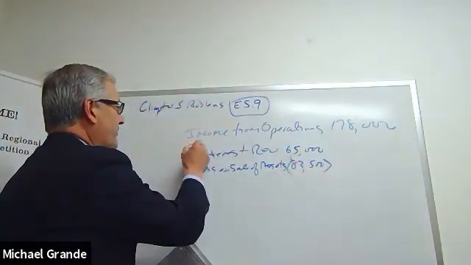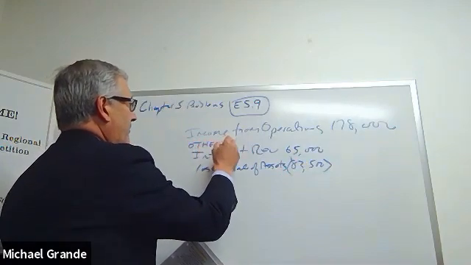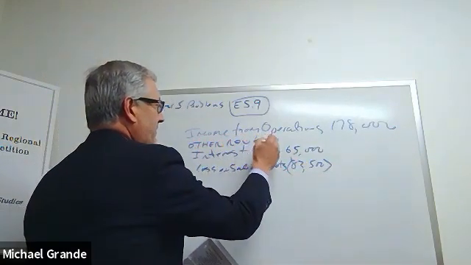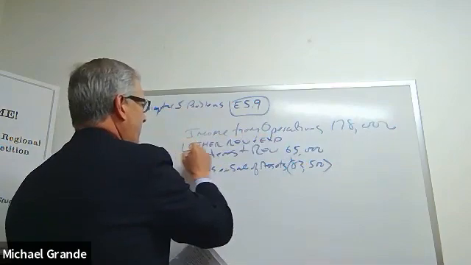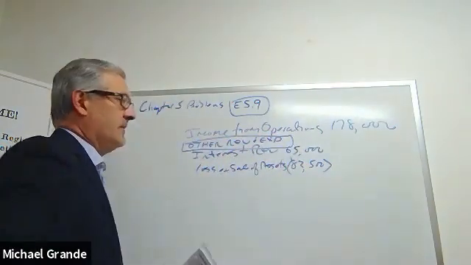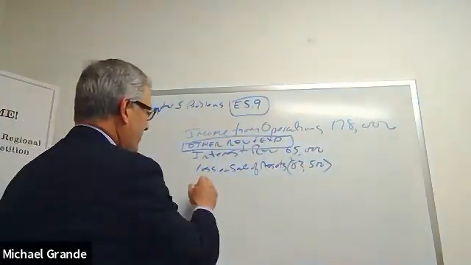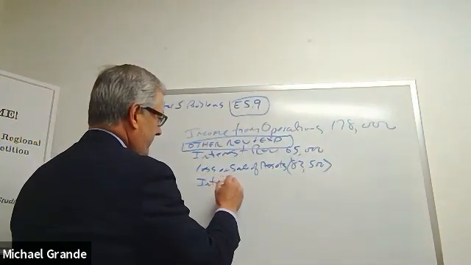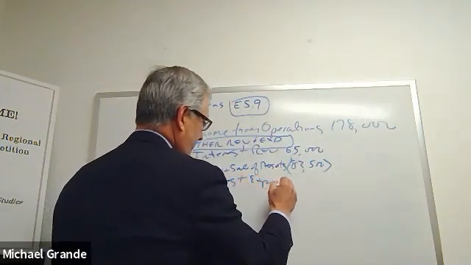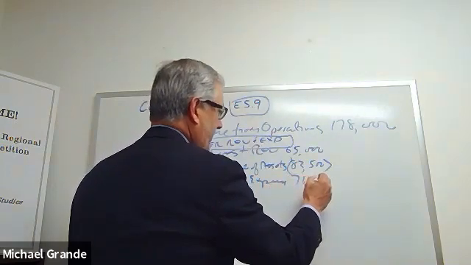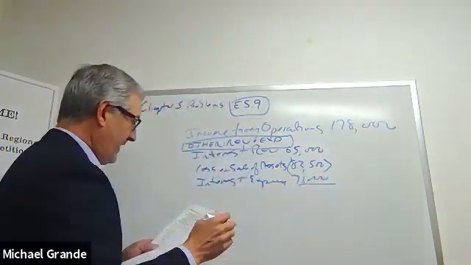So this is the other stuff, right? Other revenue and expense. That's what this category here is. And we have interest expense of $71,000.